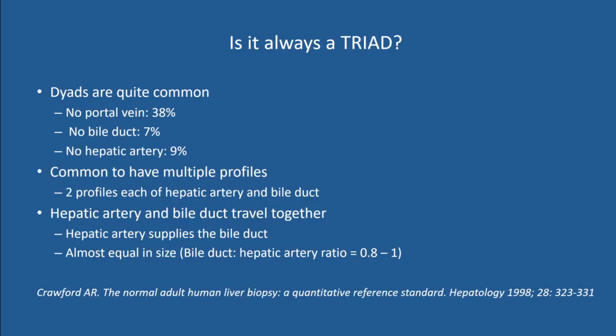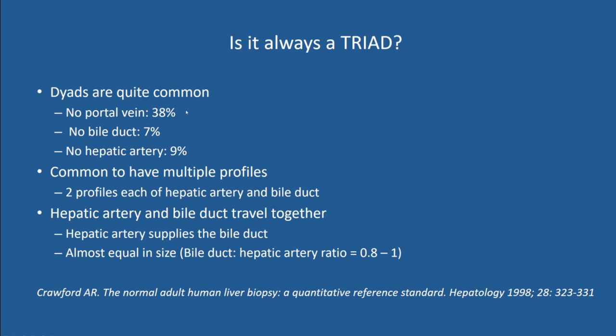Now the question is, is it always a triad? And in a very elegant study done by Dr. Crawford, with some very meticulous counting, they found that dyads are quite as common.